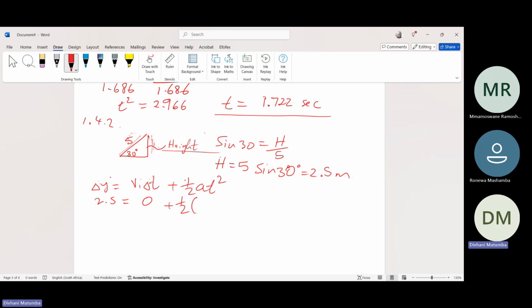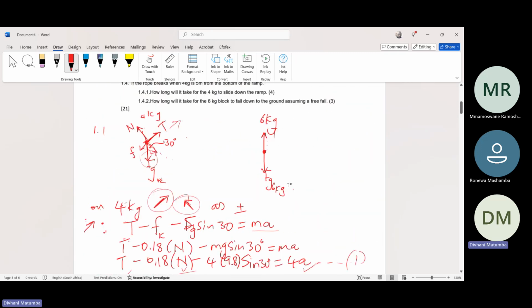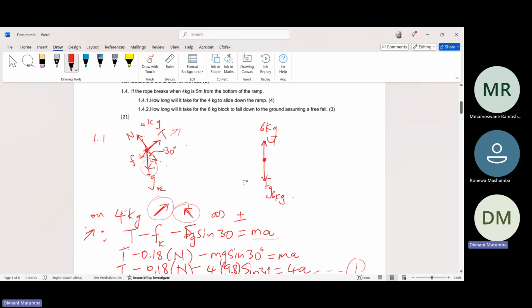acceleration. So what would be my acceleration? Ronel, on the 6 kg block, what will be my acceleration after the snapping? What will be the acceleration of the 6 kg?